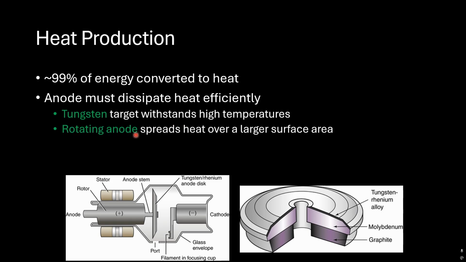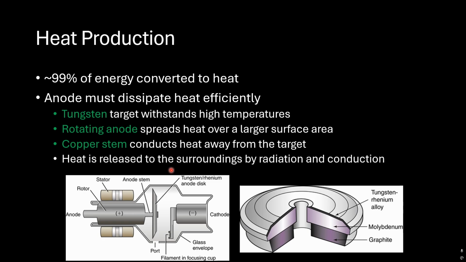We can use a rotating anode to spread heat over a larger surface area, because when we produce the electrons and hit the anode from this side, it will heat up, but as we rotate, we can dissipate the heat more efficiently. And we can use a copper stem, which conducts heat away from the target, and this will make sure that the heat will be dissipated more and more. Heat is released to the surroundings by radiation and conduction.